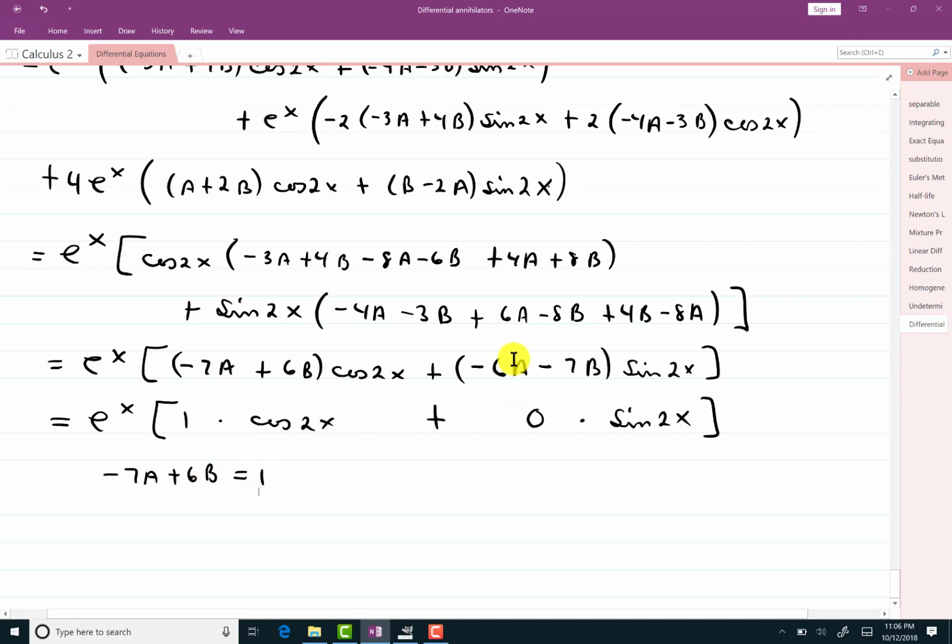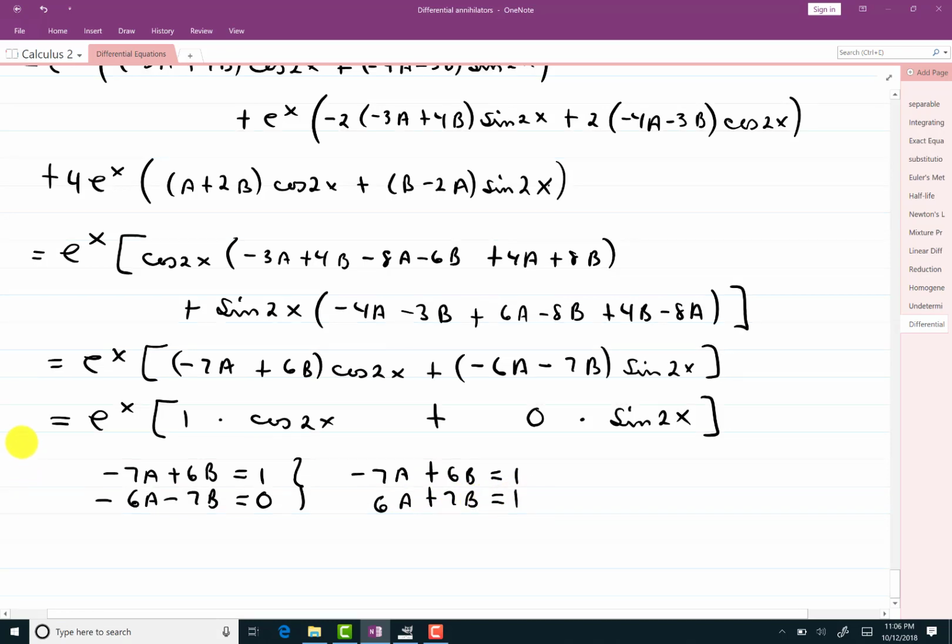And then on the other hand, I got negative 6a plus 7b equals 0. If you don't mind, I'm just going to do a little bit to this. I'm going to make it negative 7a plus 6b equals 1. And I want to multiply this by a negative just to take the minuses out.